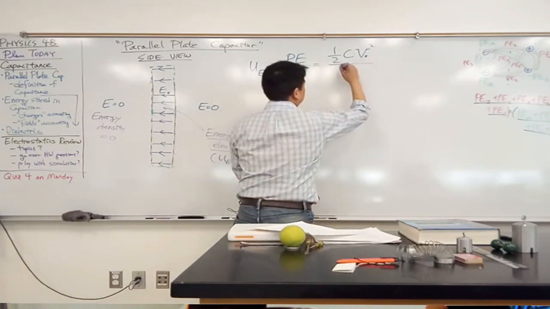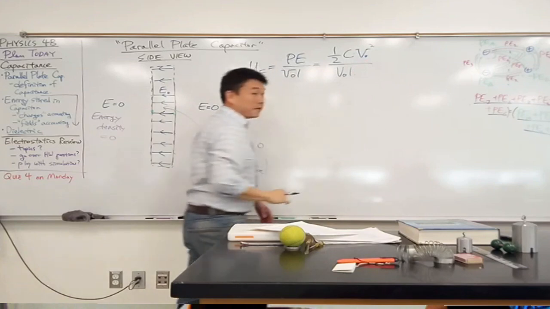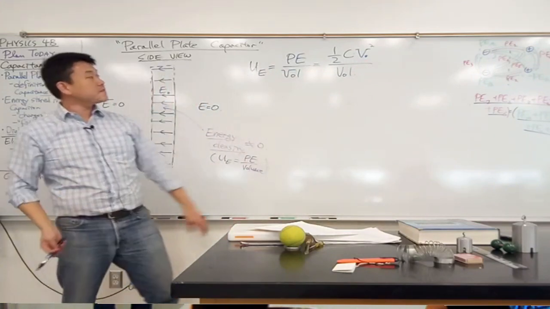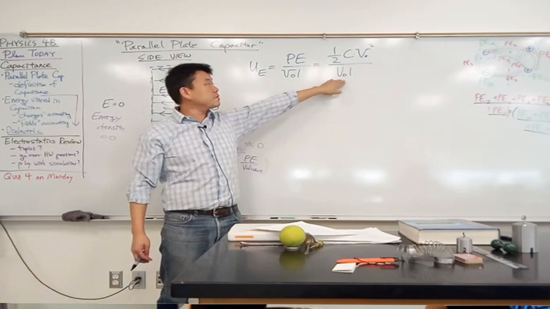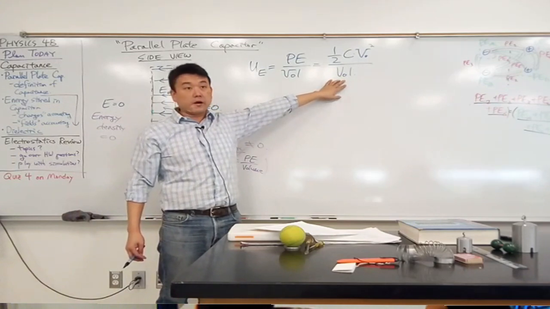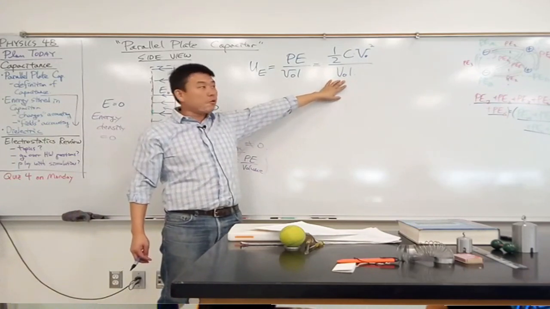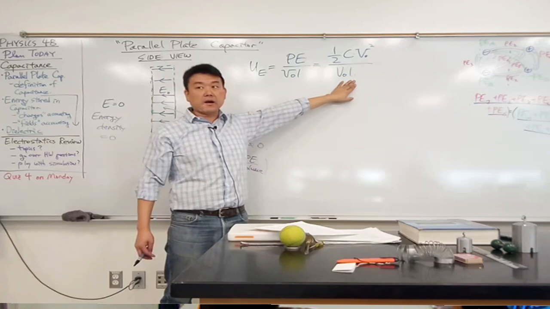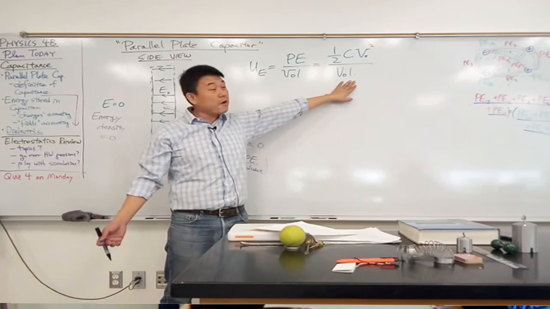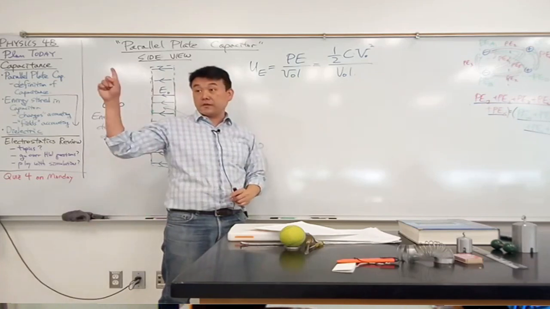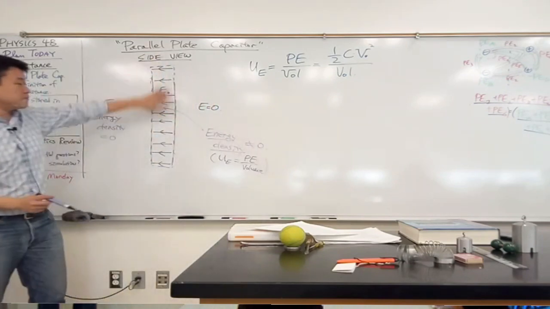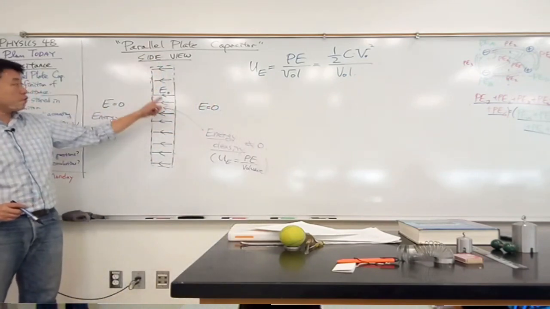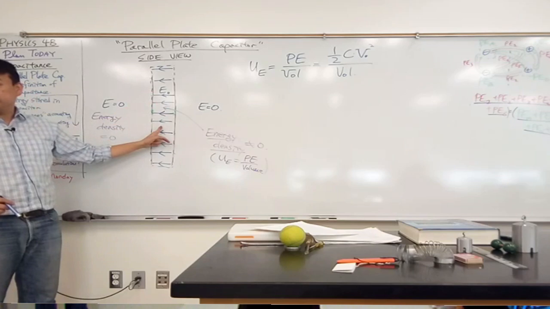I want to divide it by the amount of volume eventually. My goal here is to reduce this complicated expression down to a point where the only quantities on this side are electrical quantities. Preferably, I would want nothing but electric field and maybe a constant, because my goal is to express how much energy is being stored in the electric field.